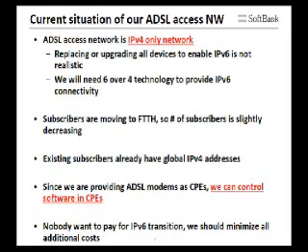Also, we need 6-over-4 technology to provide IPv6 connectivity for our customers. Subscribers on our ADSL service are moving to FTTH, so the number of subscribers is slightly decreasing. Also, existing subscribers already have a global IPv4 address, so we can use it to provide IPv6 connectivity.